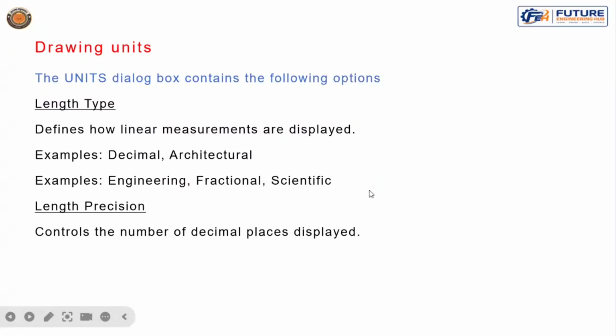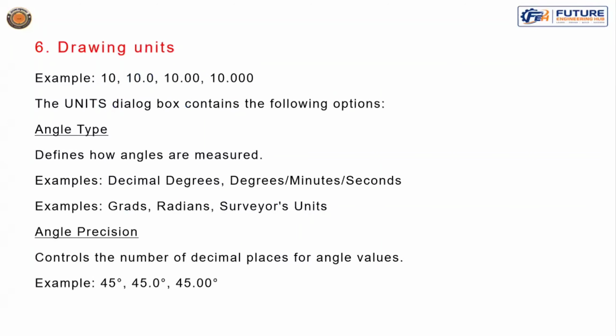Clear up here? Example: 10, 1 decimal, 0.0 decimal, 0.00 decimal, 0.000 decimal. So this is precision.